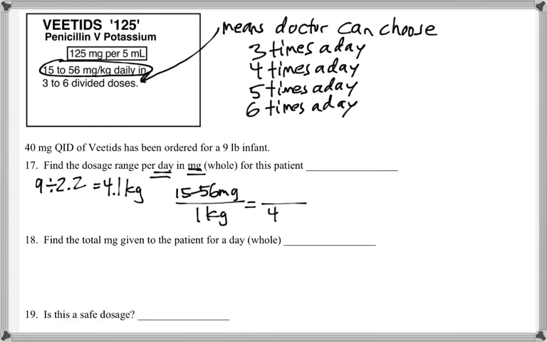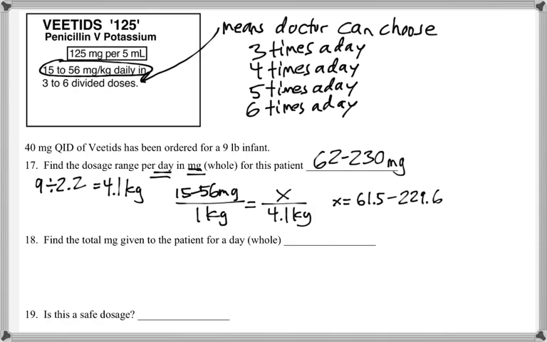And then I'm matching up the kilograms, and then I'm going to solve. 61.5 to 229.6, but they do want us to round this to the nearest whole, so it'll be 62 to 230 milligrams.